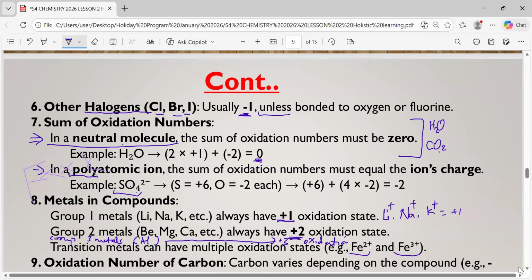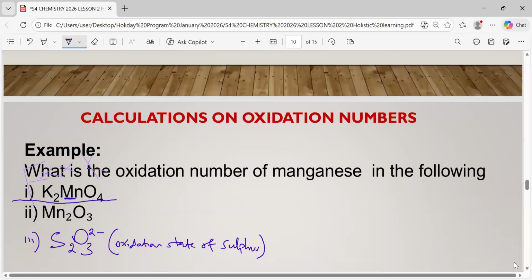Because this compound doesn't have any charge, it is categorized under neutral molecules. So when we sum up the oxidation state of potassium, the oxidation state of manganese, and the oxidation state of oxygen, it should equal 0. Are we together?